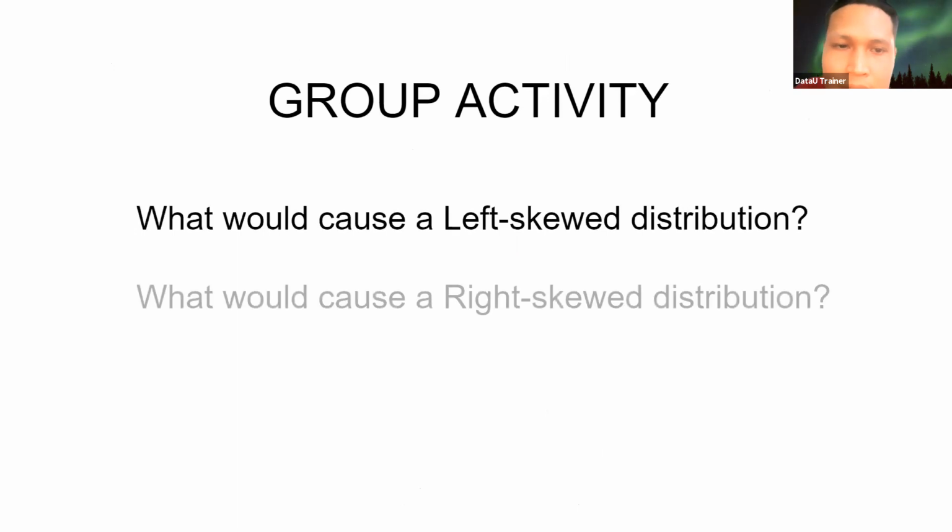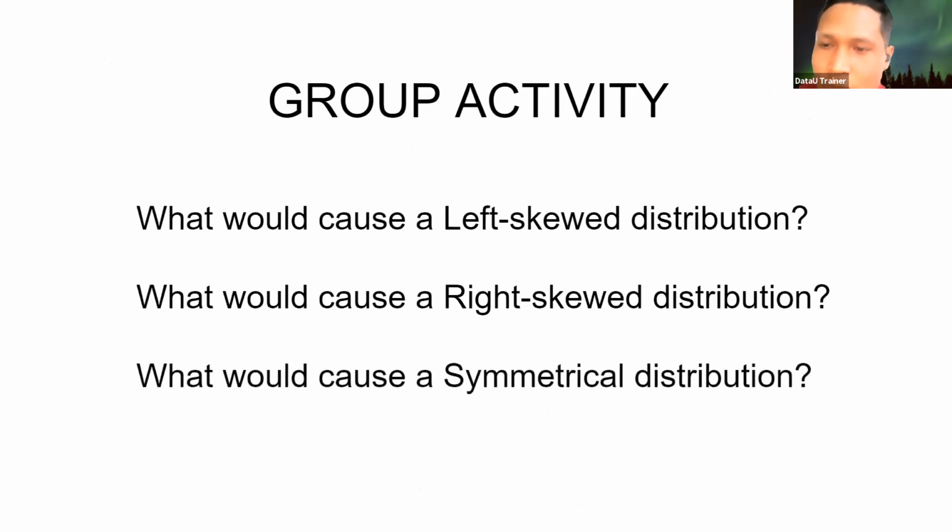We're going to skip this group activity for now because we're going to leave it for homework. The questions are going to ask you what might cause a left, right, or symmetrical distribution. I also have a question related to this: I want to ask what happened to the left and the right.